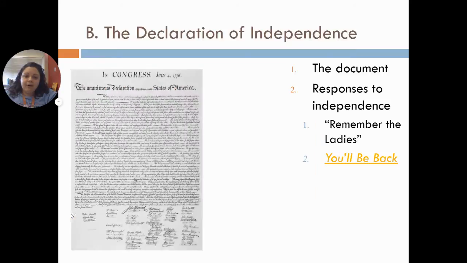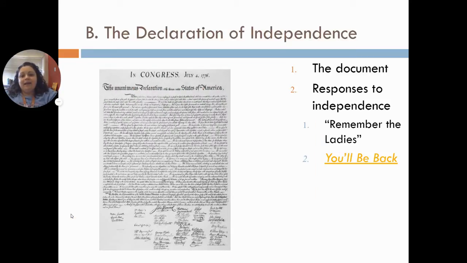And then the second part of the document is basically a list of grievances, a list of complaints against the king and against British Parliament. So this document basically has two parts. One is the explanation, the justification for why the colonists are declaring independence. And then it's a list of grievances, the problems that they had towards the crown.